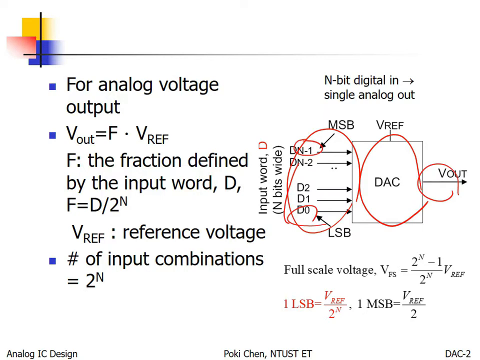Ideally, one LSB means the reference voltage divided by 2 to the nth power. That is the minimum, and the maximum dominates 50% of the reference voltage.